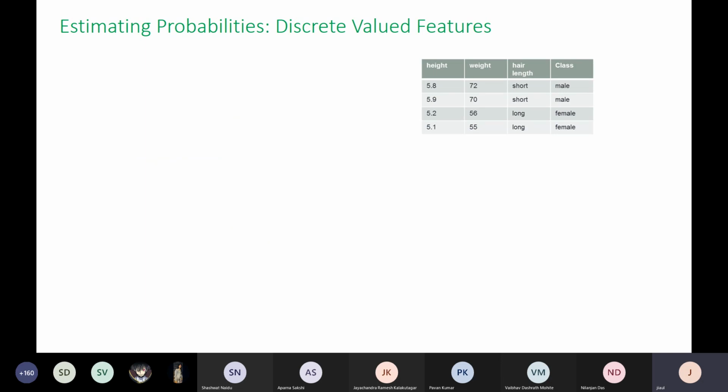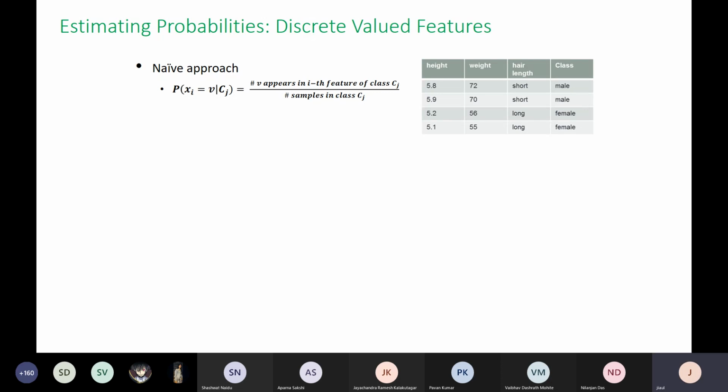For discrete valued features, a possible thing would be, if you look at this expression carefully, given a particular class Cj, what is the probability that the value for feature xi is v? That's what I'm trying to figure out.